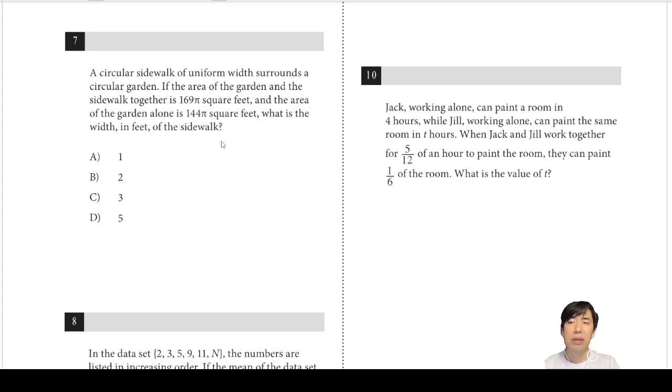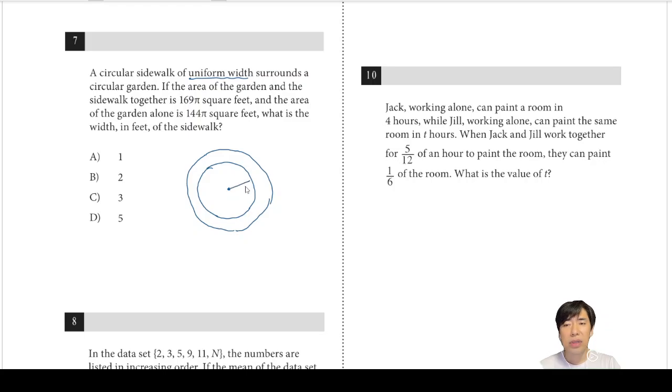All right, it's a circular sidewalk and a circular garden. It says uniform width, so this means that we have concentric circles. The garden is basically a circle, and the sidewalk, so we have a bigger circle with the same center, like this, and its width is uniform.